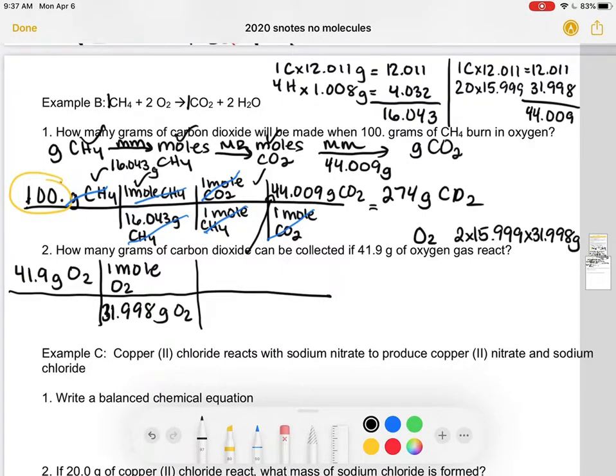Okay. Now let's take a look at my mole ratio. I'm getting rid of grams of oxygen. My next step is to switch over from moles of oxygen. So I'm going to go moles of oxygen to moles of carbon dioxide.